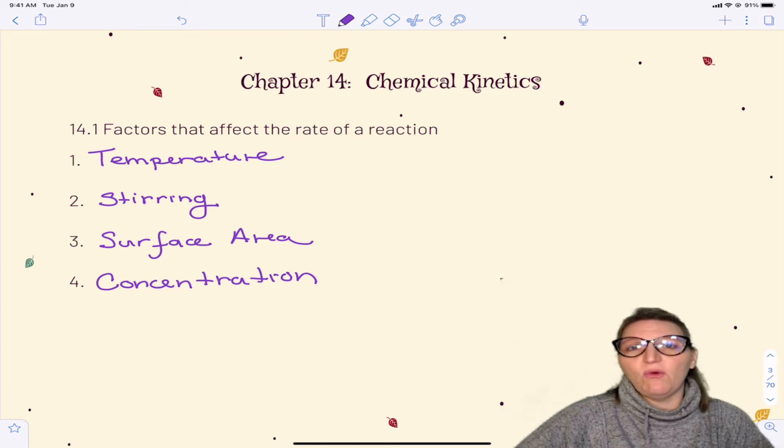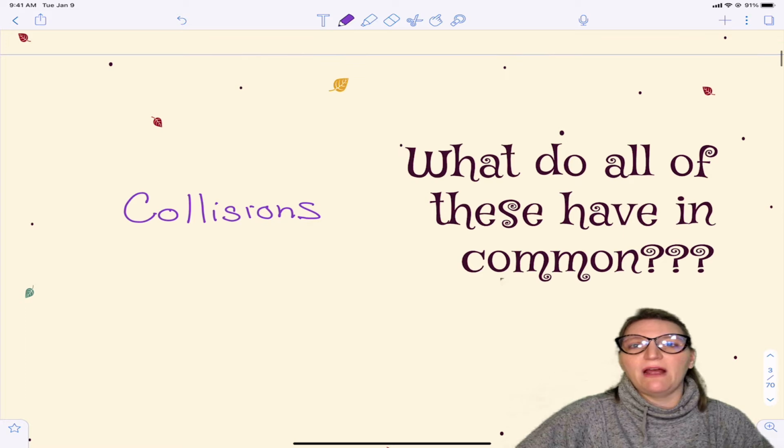An additional one that might be new to us this year, now that we start thinking about chemical reactions happening in aqueous solution, so having a concentration or a molarity associated with the reactants and products, is concentration. It is another factor that can influence the rate of a reaction.